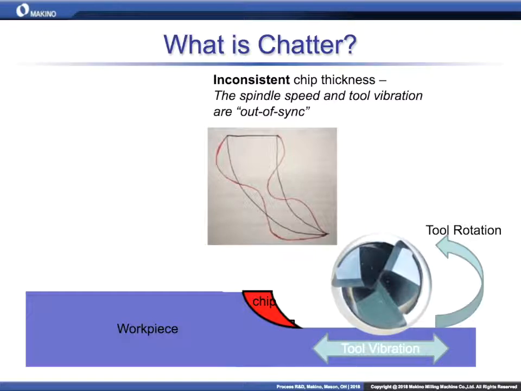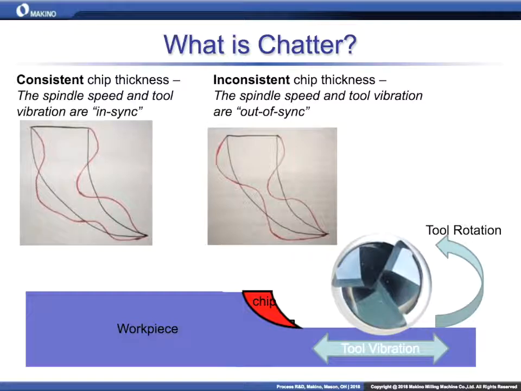What we can do, though, is if we select good spindle speeds, we can actually get what we have on the left there, which is a consistent chip thickness across. I drew the black chip to be the idealized chip, just so that we have some reference. And then the red chip would represent a consistent chip thickness. And you say, well, that's wavy. What do you mean by consistent? It's consistently thick, though.